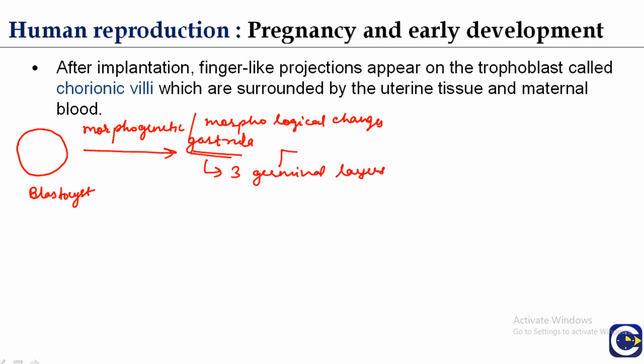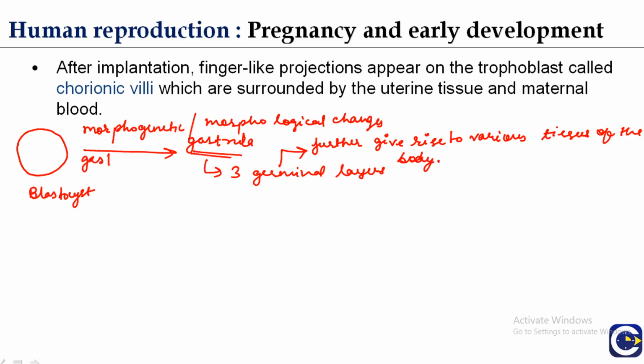Because these germinal layers further give rise to various tissues of the body or developing fetus. So this complete process of the changing of the blastocyst into the gastrula is known as gastrulation.